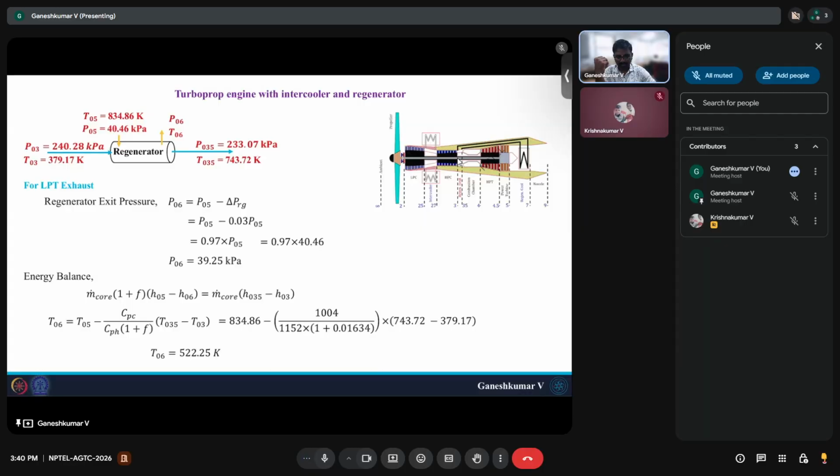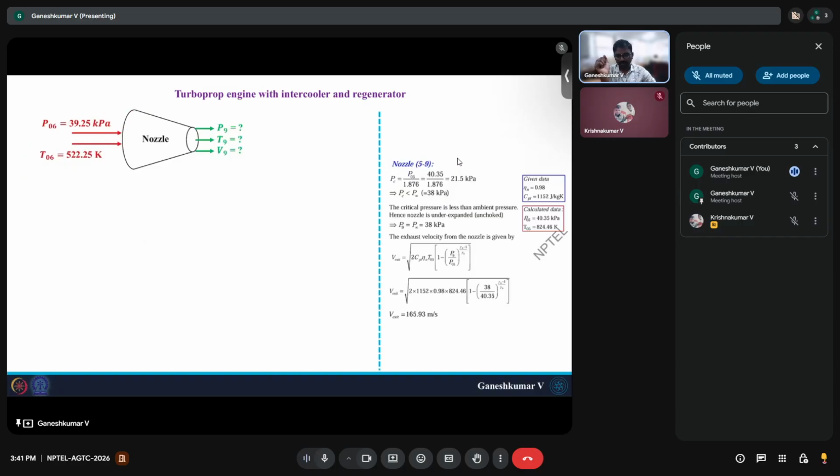That temperature is around 522.25 Kelvin. Okay, so from 834, roughly 300 Kelvin has been lost in the regenerator, which is used to heat the air from the HPC exit.